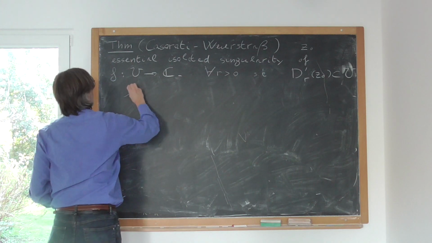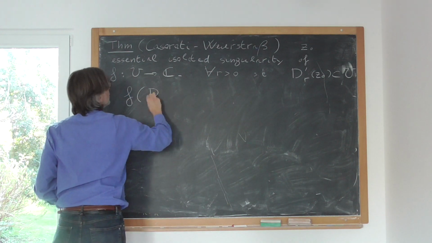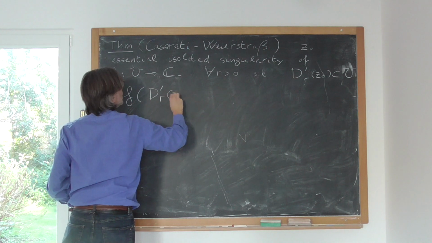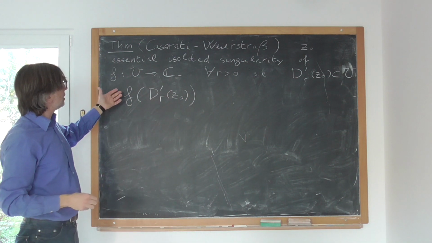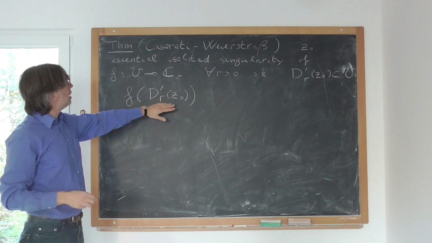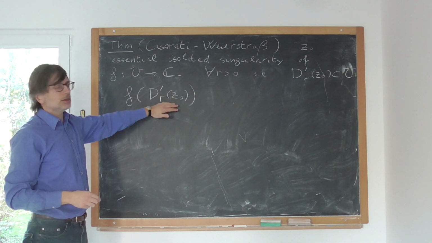We look at the set f of D prime R of z naught. So we look at the values that f attains near z naught.